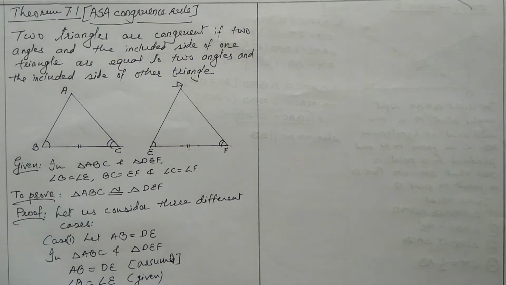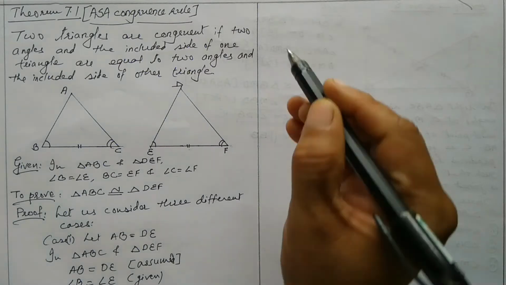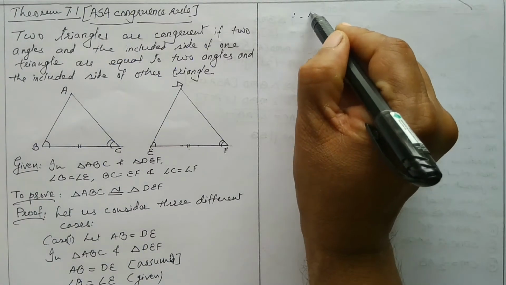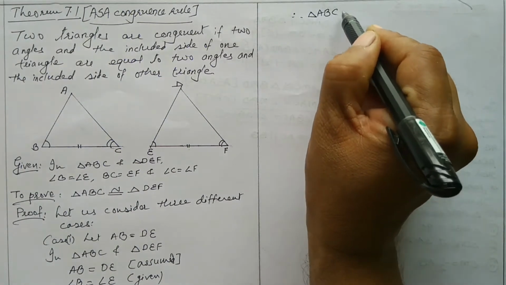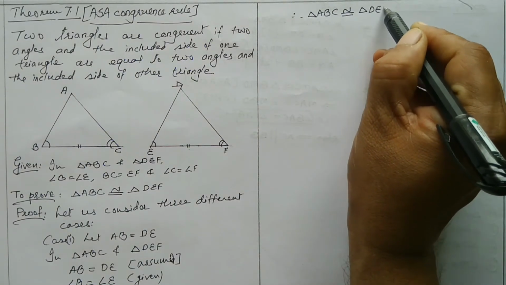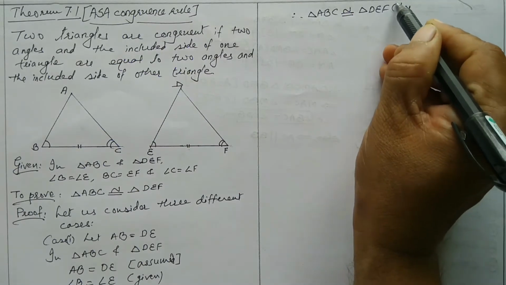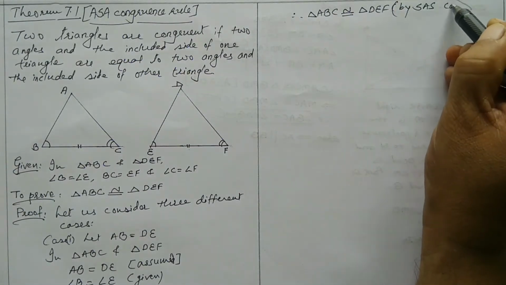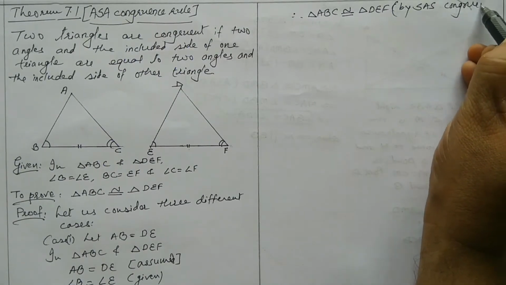And BC is equal to EF, this is also given to us. Therefore, side angle side, so triangle ABC is congruent to triangle DEF by SAS, side angle side congruence rule.